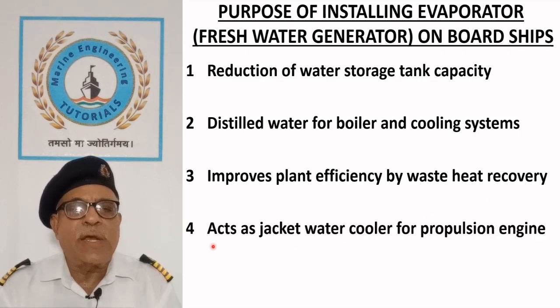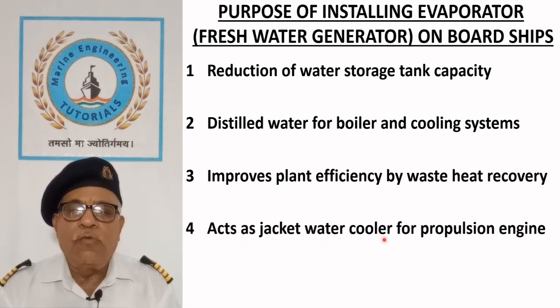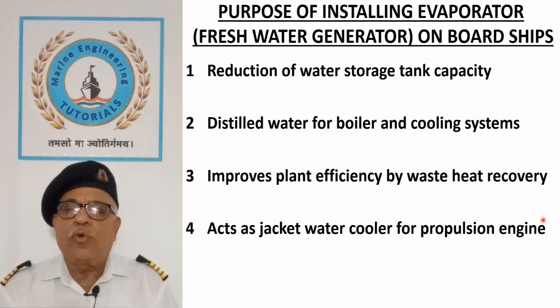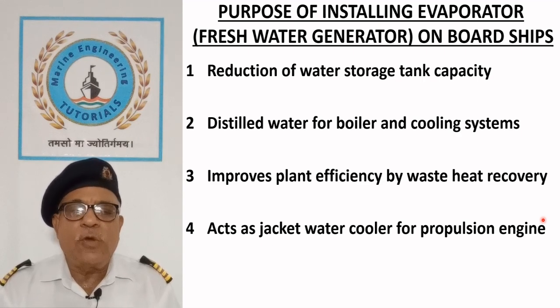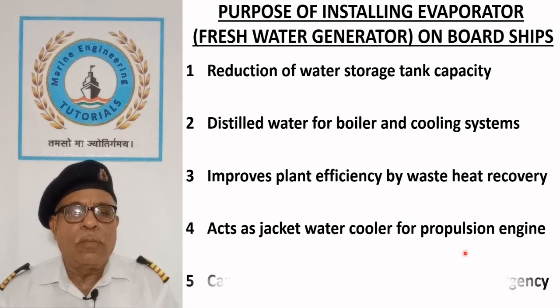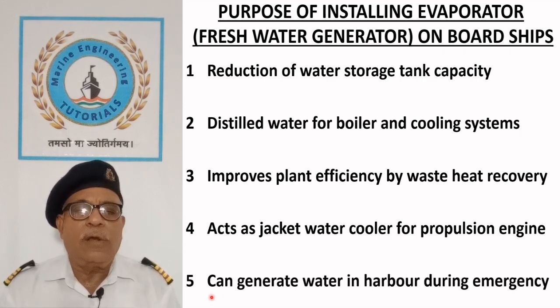Acts as jacket water cooler for propulsion engine. As freshwater generator utilizes the waste heat of diesel engine jacket cooling water, it actually acts as a cooler for jacket water. Can generate water in harbor during emergency.